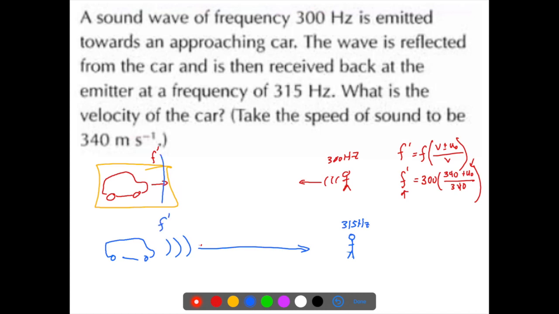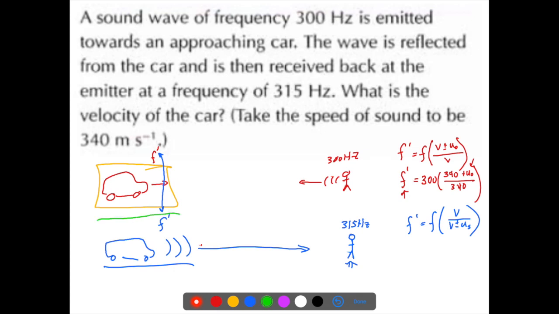Well, it's that same F prime. But now the observer is stationary and the source is moving. And so this time we're going to use the other formula, which is F prime equals F times V over V plus or minus the velocity of the source.